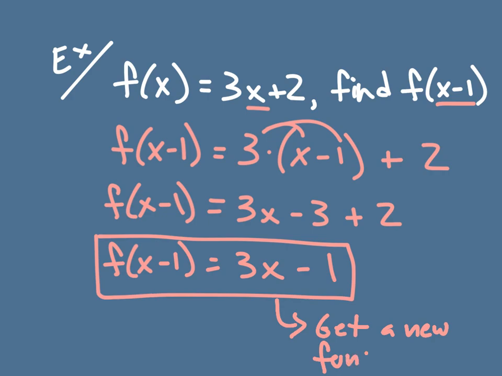The notation's kind of weird, but that's all I'm doing. When you plug in a number for x, you get a new number. If you plug in an algebraic expression or another function into a function, you should get a new function.